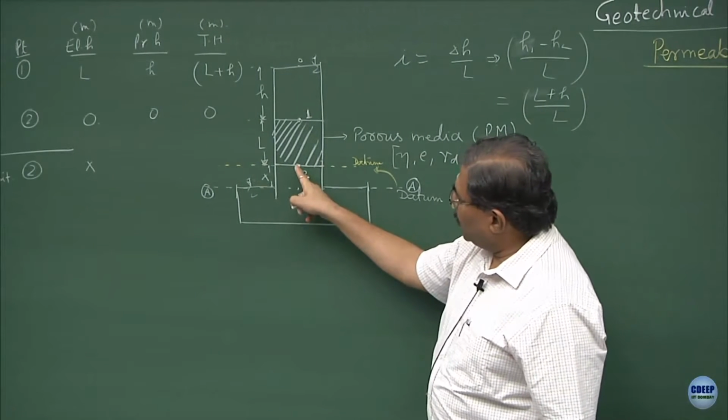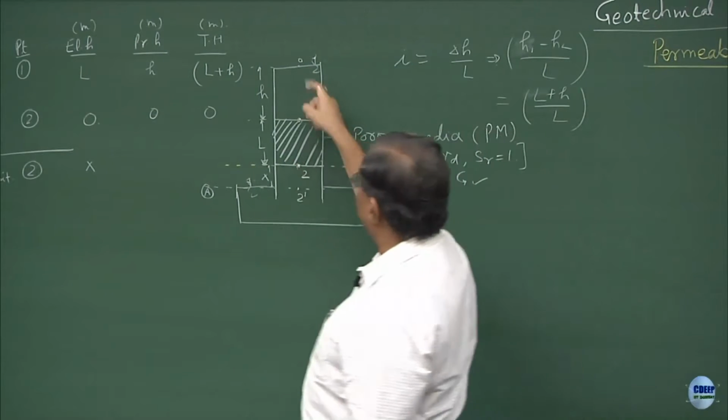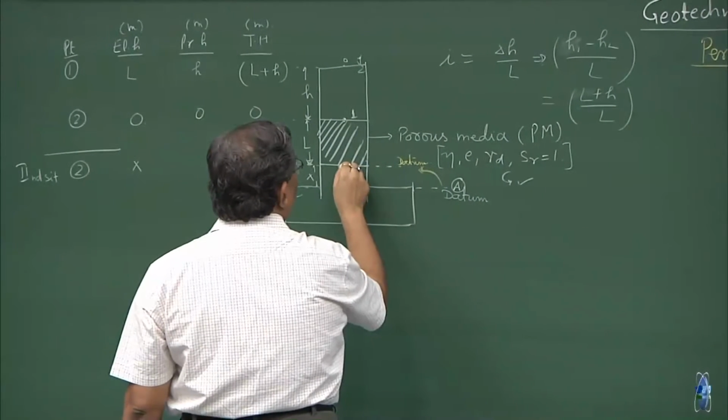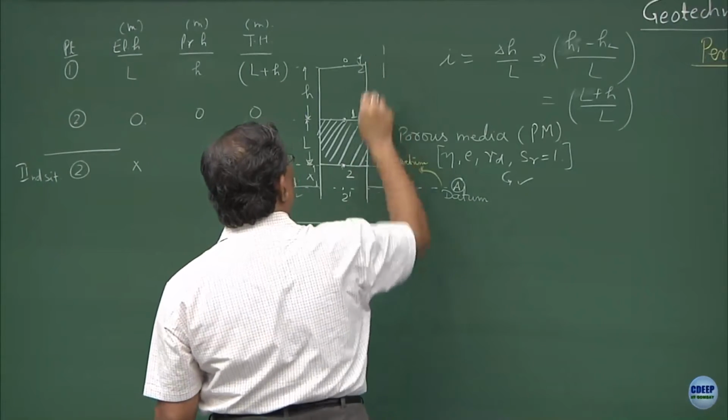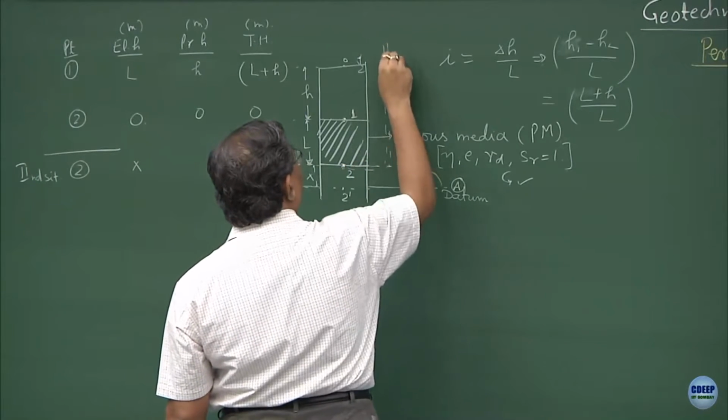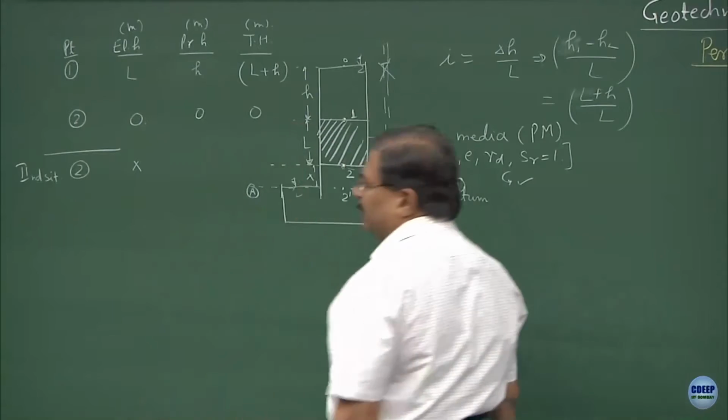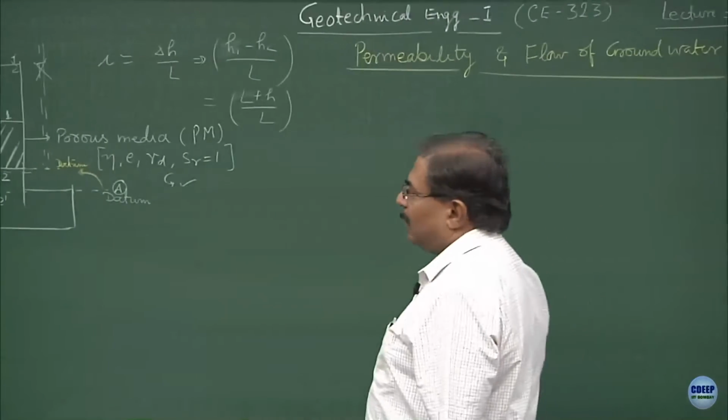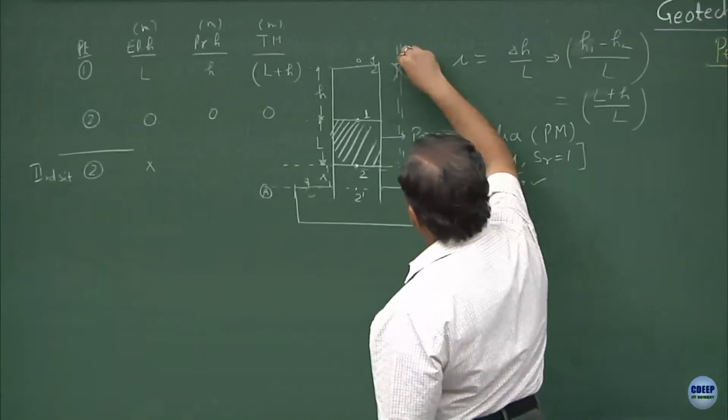So, if you put a piezometer over here, it is not going to get raised up to this point. This is not correct. Why? It cannot get lifted up to this point.